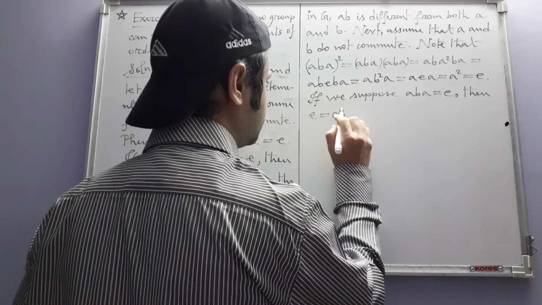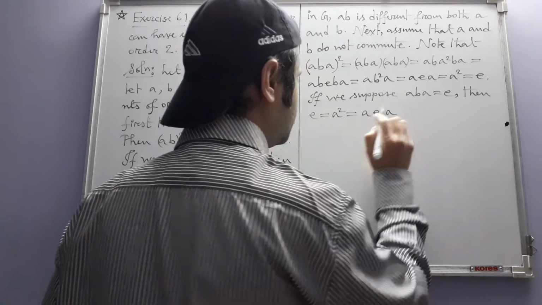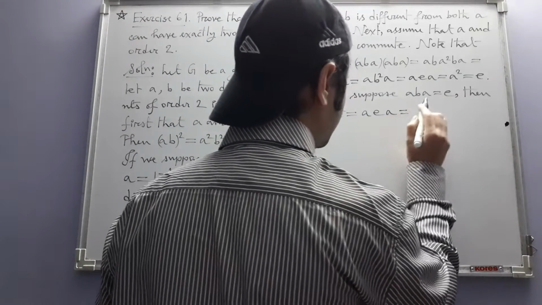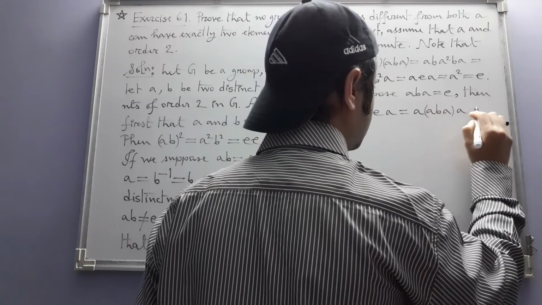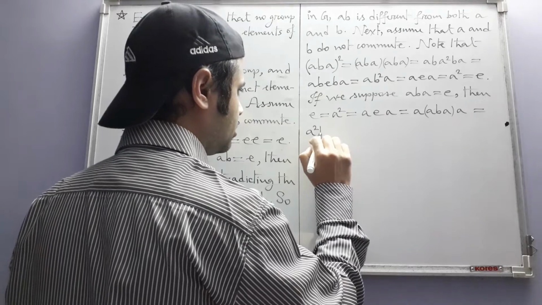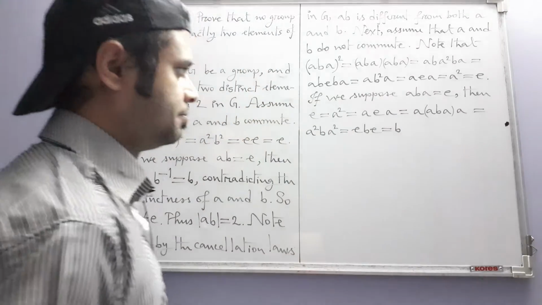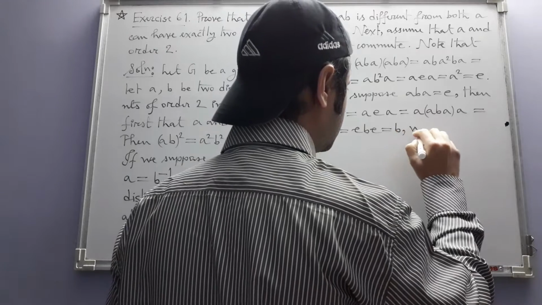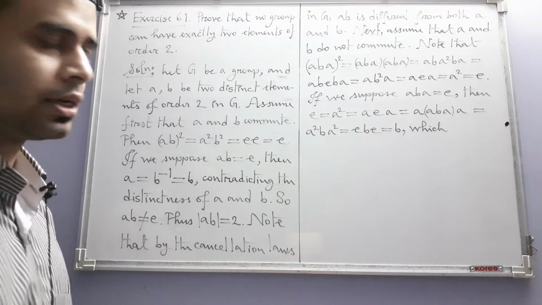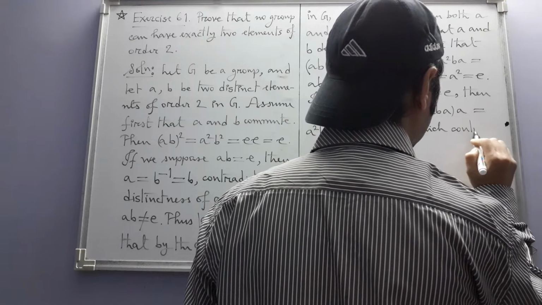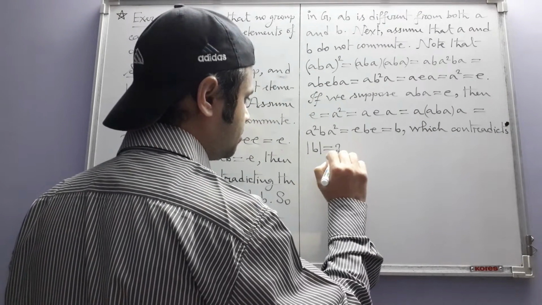E equal to A square because A has order 2, and A square can be written as AEA, and in place of this E we now substitute ABA, and this gives us A square B A square, or EBE, or B. But then B is identity, which implies the order of B is 1, a contradiction, which contradicts that the order of B is actually 2.